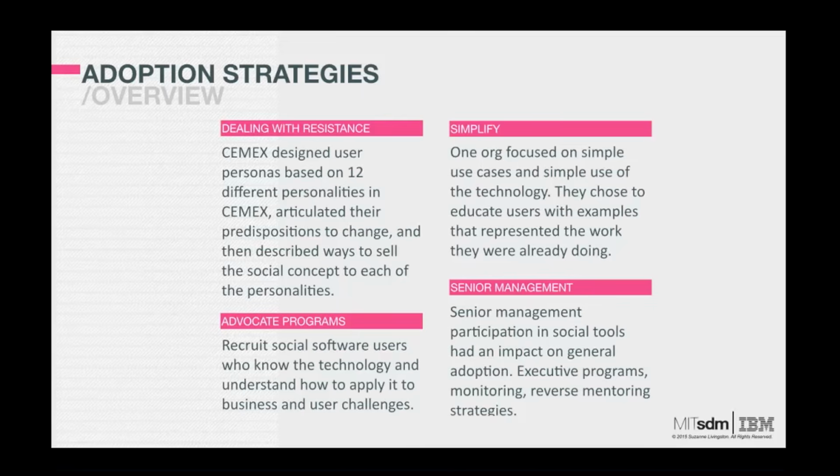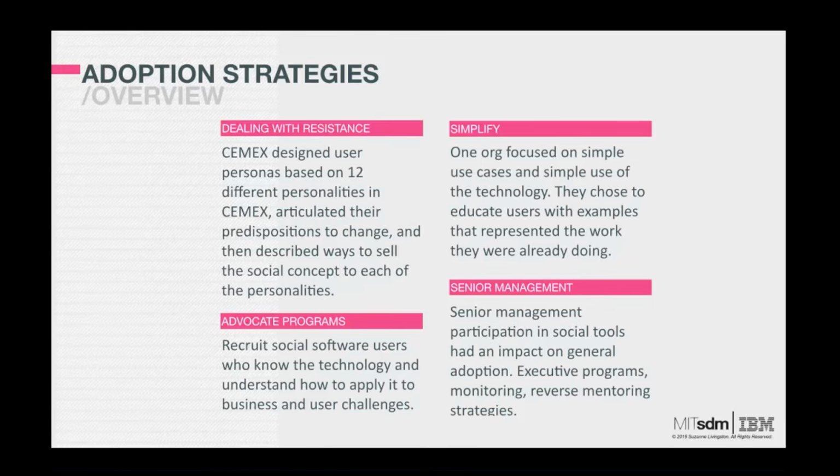And then finally, senior management came up almost in all of the companies that I spoke with. So getting them to participate in social tools had a significant impact on adoption in general. Some of the programs that helped with them were having executive-focused education, giving them ways to monitor their organizations using these technologies, even reverse mentoring strategies.